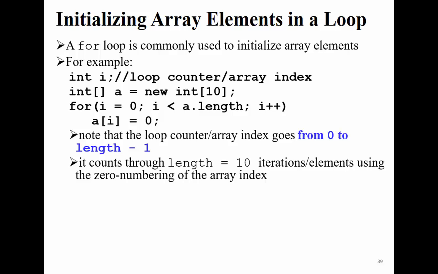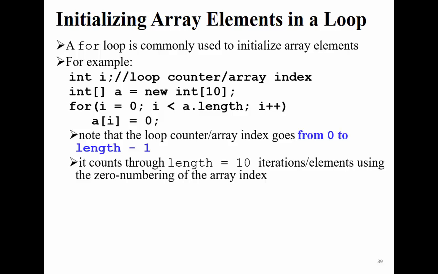See here, i less than a.length. Some students have implemented similar things with i less than or equal to a.length minus 1. Do you think the implementation will be complete? Why? Because they missed the last one.